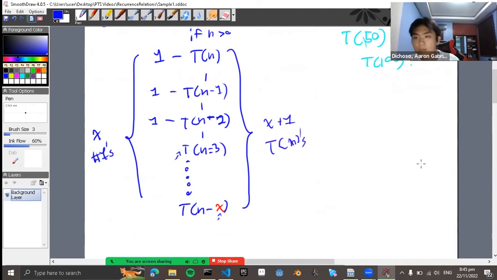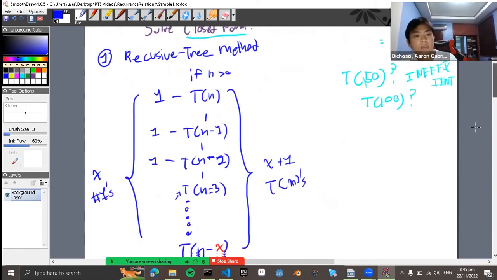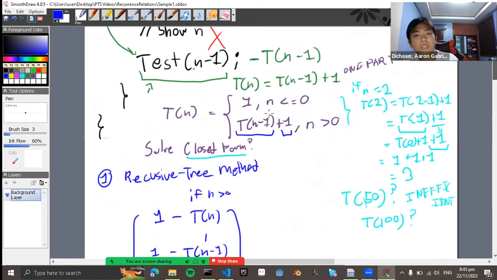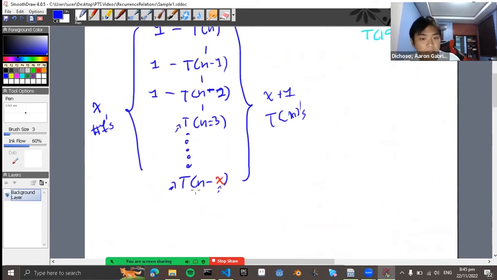Okay? So when does the looping stop? Well, the looping stops if we check here, if the value inside is less than or equal to 0. So in the same manner here, if this inside here is equal to 0, the loop will stop. Okay? So let's put that algebraically.